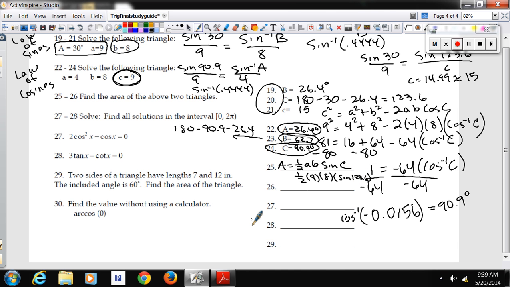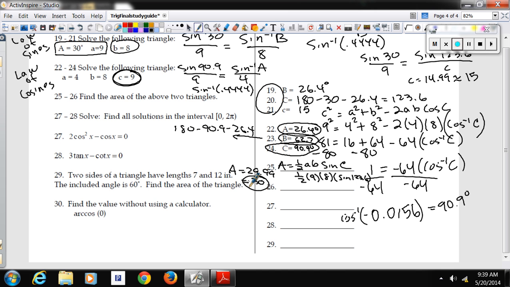So I'm just going to put all that into my calculator, just like it is. 1/2 would be 0.5 times 9 times 8 times the sine of 123.6, and you get an area of 29.99. So that would round to 30.